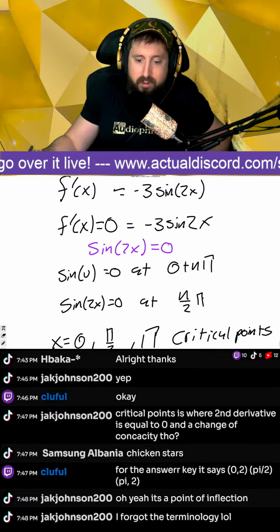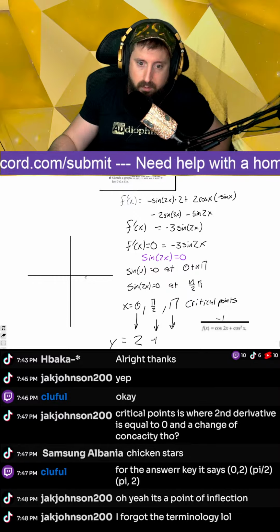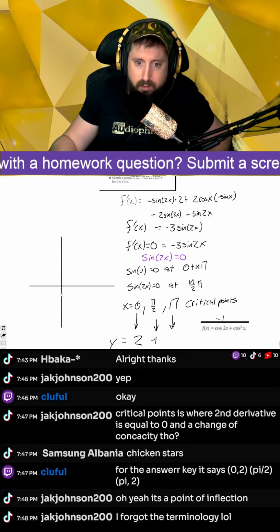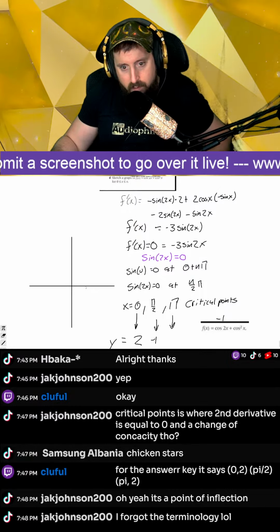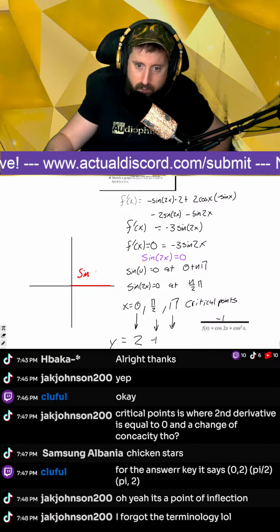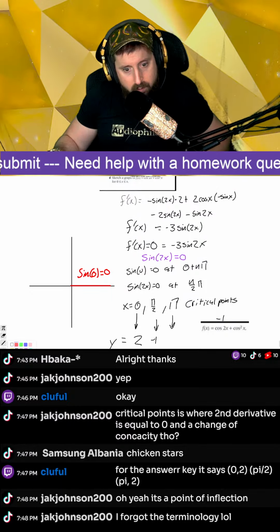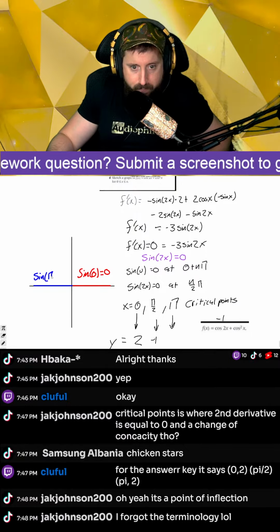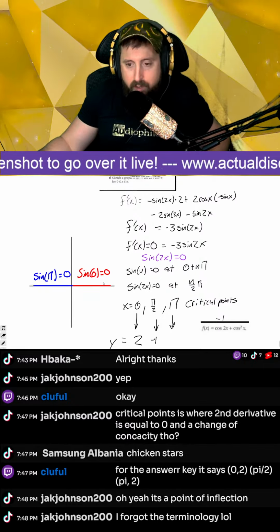This is where it helps to have your unit circle memorized. For sine, sine of 0 equals 0, and sine of pi is also equal to 0, and then it repeats, sine of 2 pi is also equal to 0.